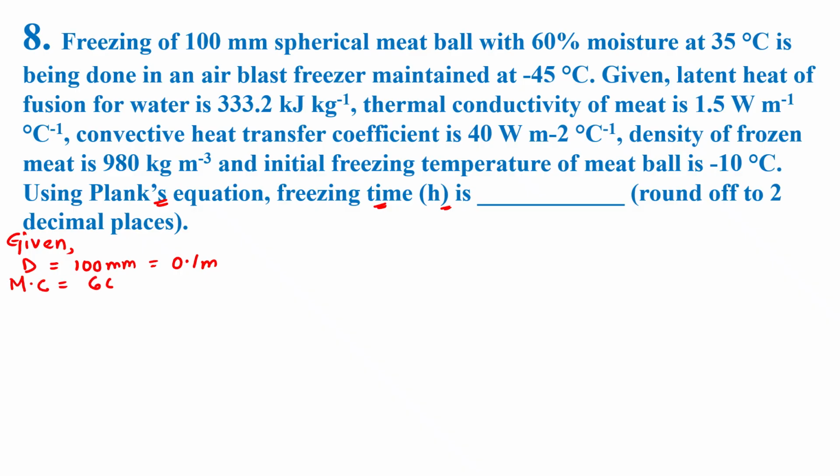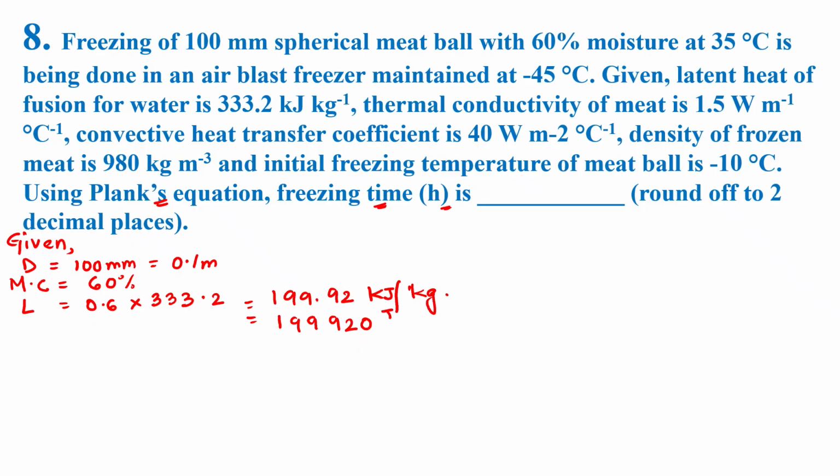So latent heat of fusion, L, will be 0.6 into 333.2, that will be 199.92 kJ per kg, or we can write 199920 joule per kg.